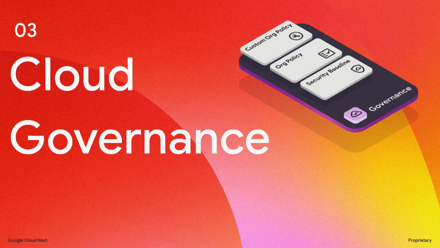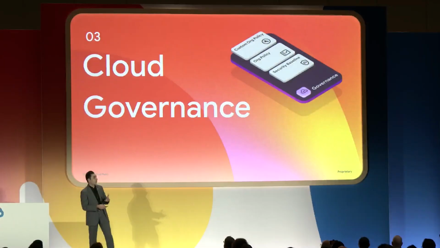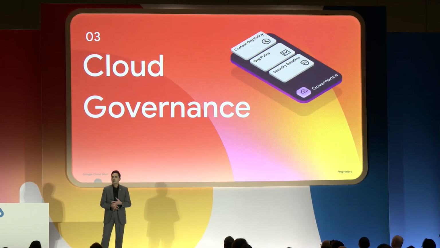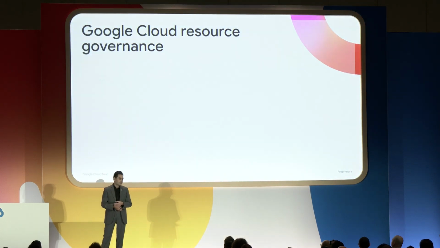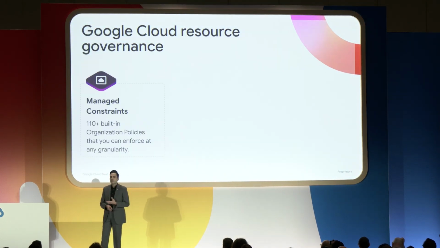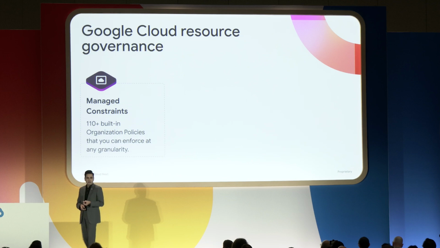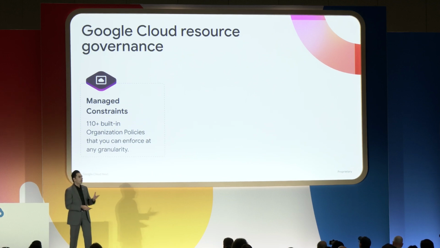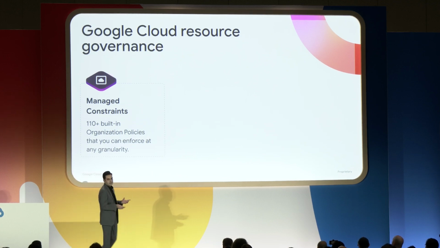Very important is also cloud governance. When you have resources in the cloud, if those resources aren't created or updated the right way, they become massive threat vectors. And cloud governance and the set of products that we provide allow you to have that governance at scale natively in the cloud. The way we surface that is organization policies. So we have over 110 built-in org policies in GCP.